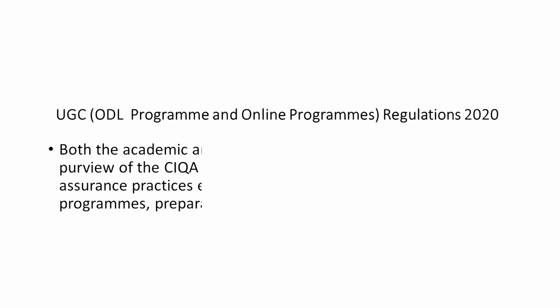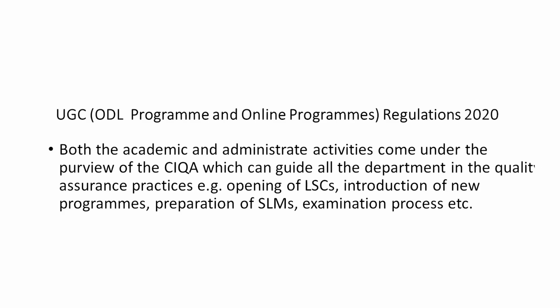Both the academic and administrative activities come under the purview of the CIQA, which can guide all the departments in the quality assurance practices, that is for opening learner support centers, introduction of new programs, preparation of self-learning materials, the examination process, how to prepare the project proposal report, etc. So, if you are interested to know more about the quality and the quality assurance system of open and distance learning institutions, you should go through the UGC Open Distance Learning Programs and Online Programs Regulation 2020.